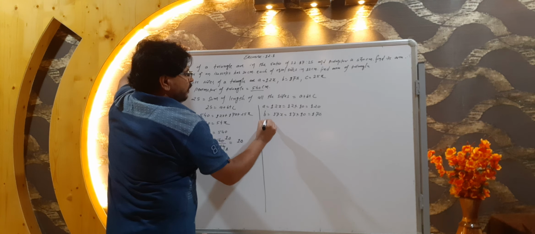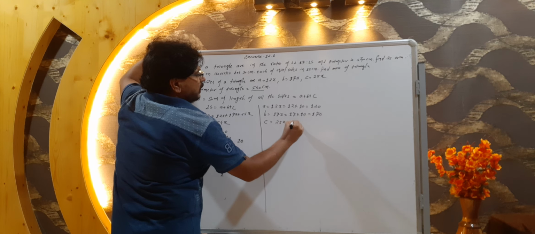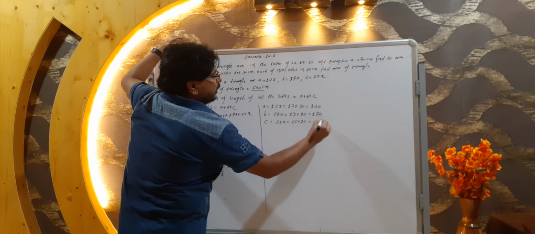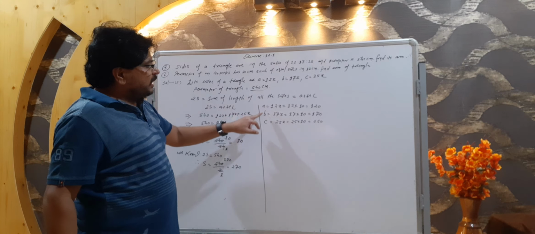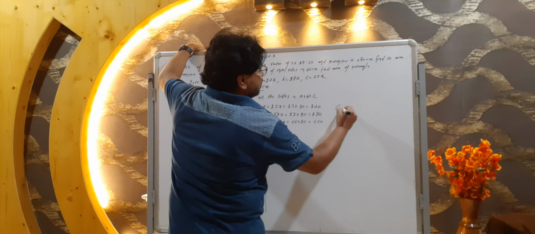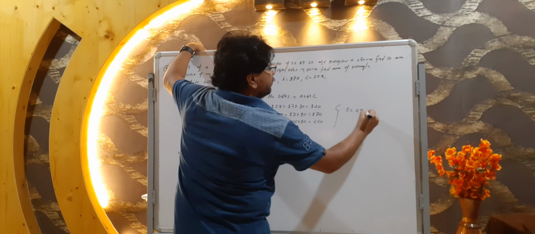Same, C is equal to 25x is equal to 25 into 10 is equal to 250. Okay, now we got A, B and C, as well as the value of s, that we also got. s is equal to 270.